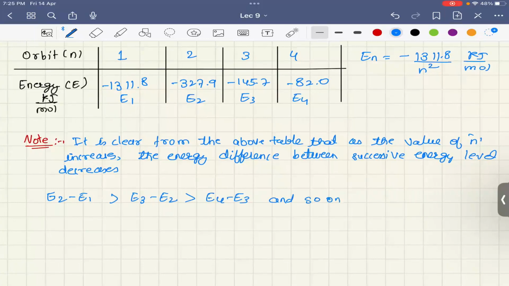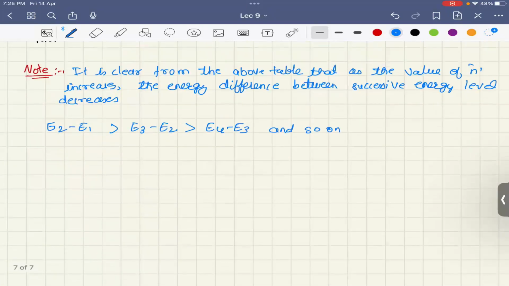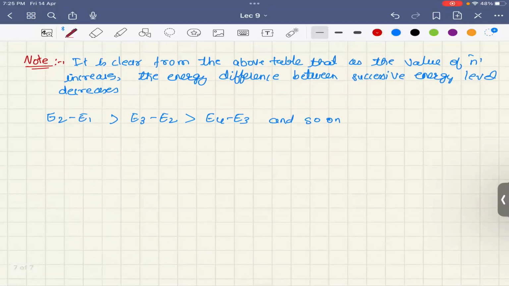Right. So now let us move on to the next topic: energy expressions for hydrogen-like ions.